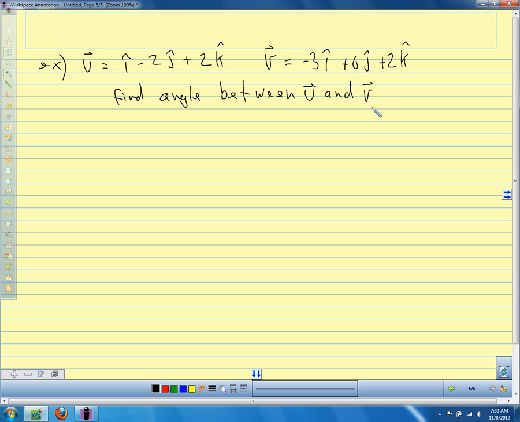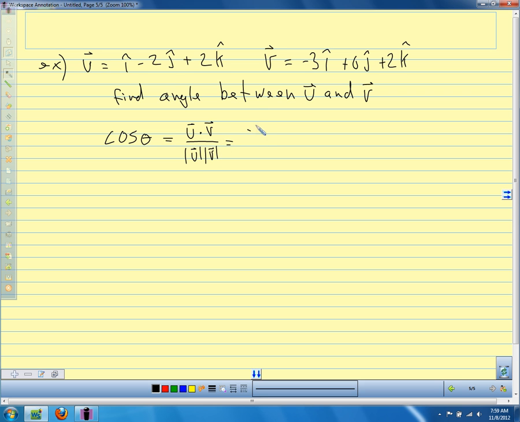So we're going to say that the cosine of the angle, using the relationship that we talked about, is u dot v over the magnitude of u times the magnitude of v. So that would be the dot product.